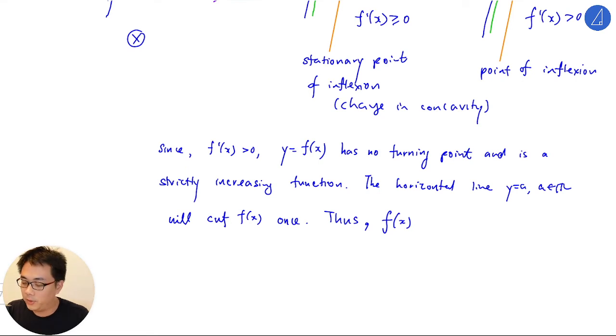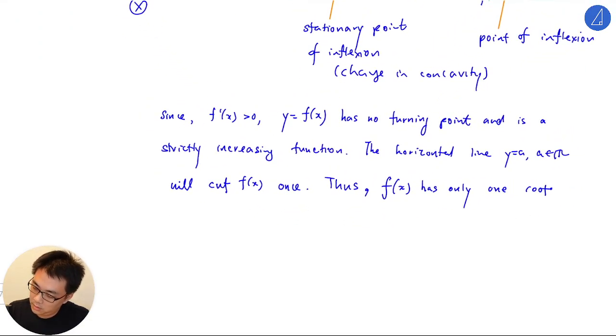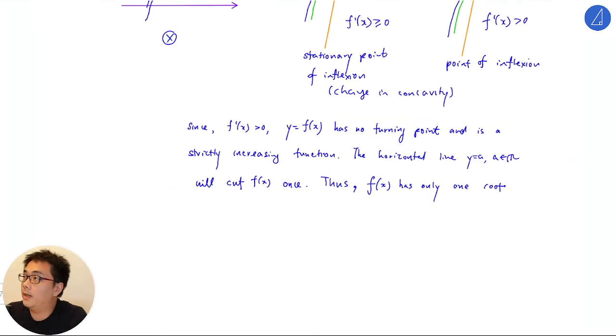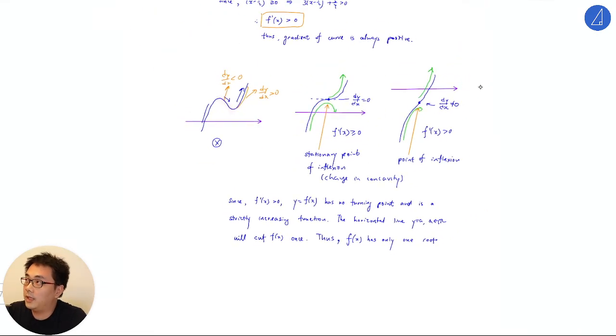You don't want to follow me. You just say no turning point, cut once, okay already. So thus f(x) has only one root. Okay, so this is one. Of course, you can put y equals 0 here, not an issue. But I just put a generic one. I just want to say that no matter where I place my x-axis, it will only cut once.